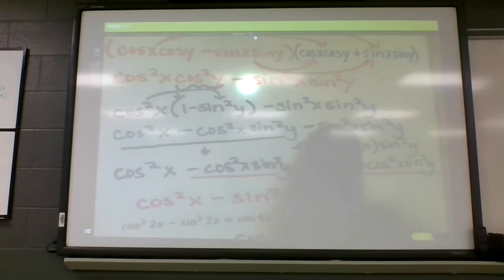And they both have negatives? If you take that out, you would have had cosine squared x plus sine squared x, which is 1. So then it would have been negative sine squared y times 1, which is just negative sine squared y. That would have maybe made it slightly easier if you saw it, but if you didn't see it, the Pythagorean identity worked as well.